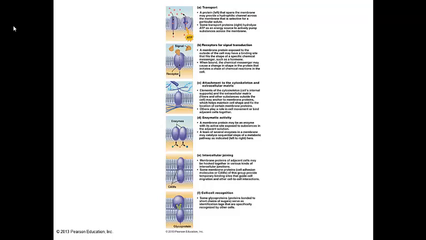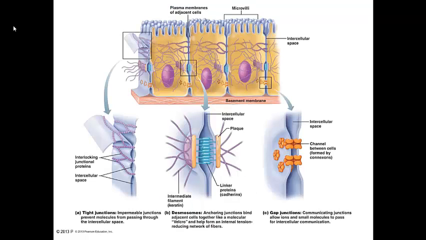All right, they talk about cell junctions. Holding cells together is very important. We are multicellular organisms, so the junctions between cells are extremely important. They talk about several different kinds in your textbook under cell junctions, page 66.